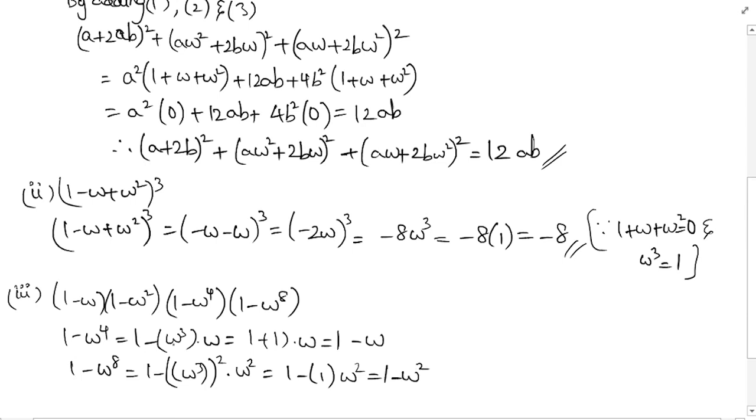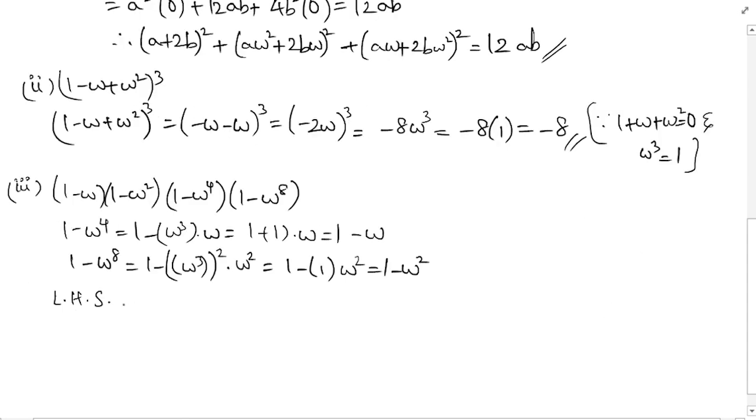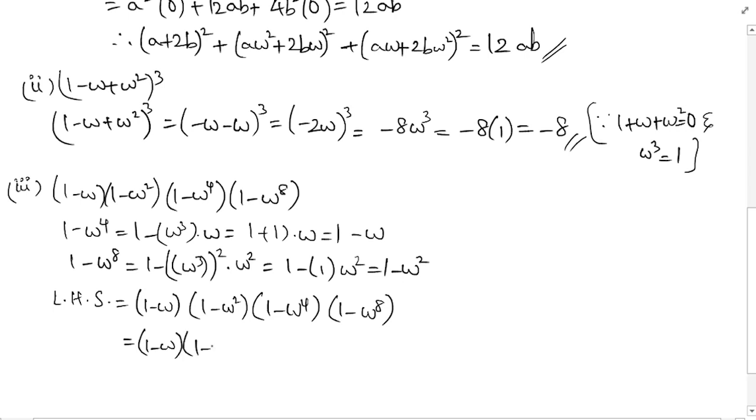So now we'll consider the LHS, which is equal to (1 minus omega) into (1 minus omega square) into (1 minus omega to the power 4) into (1 minus omega to the power 8), which can be written as (1 minus omega) into (1 minus omega square) into (1 minus omega) again into (1 minus omega square). Okay, so this will be equal to ((1 minus omega) into (1 minus omega square)) the whole square.